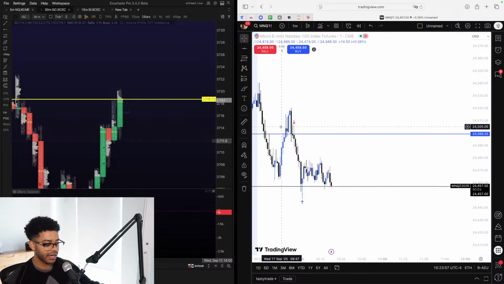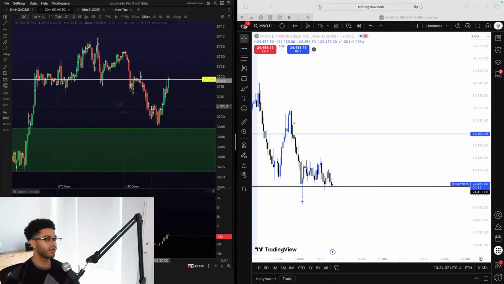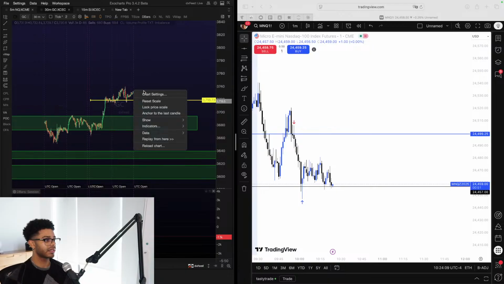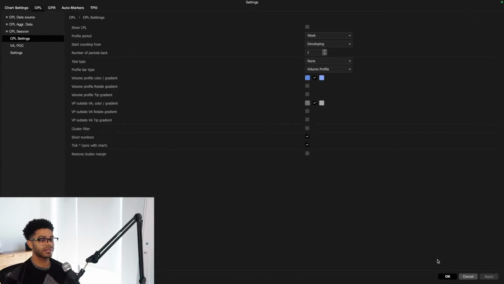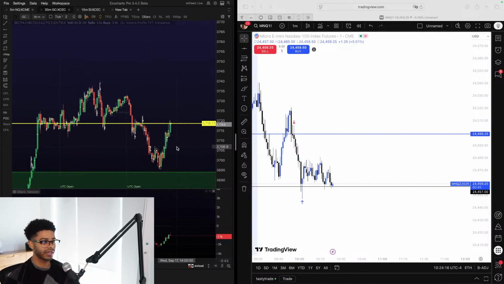Can you show me that high volume node? Kind of confused what you marked there. Which one is that, Xavion? This one is on gold over here. I had marked out the value area on it.